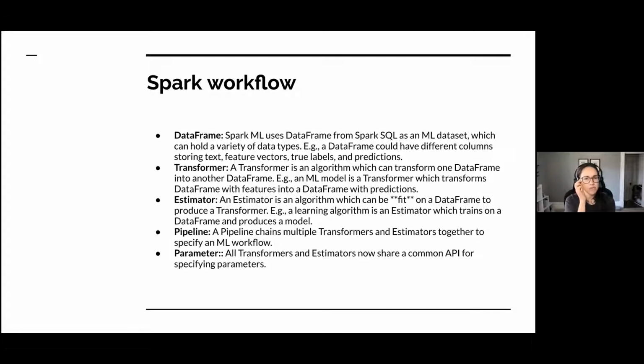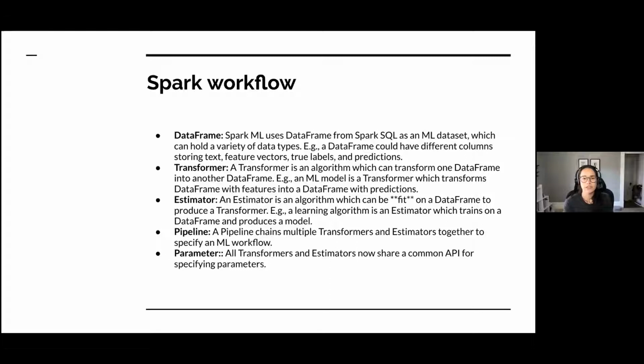And as I mentioned before, Spark really works on this pipeline workflow where you have a data frame from Spark SQL that can hold a variety of data types. And typically you have to transform those to have your features together in a dense feature vector to be able to use for MLlib, with your labels separately.